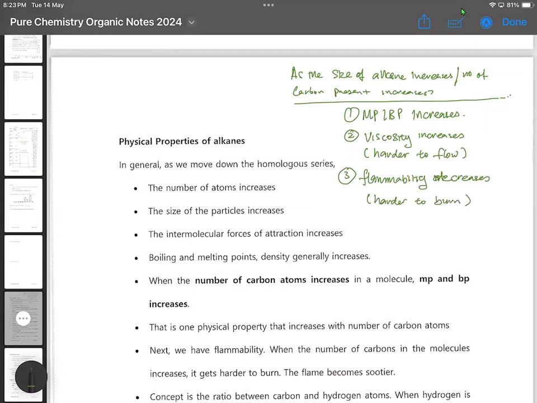Okay, so this is in a nutshell the general trends of your organic compounds: as the molecule gets larger, with more carbon atoms, melting and boiling points rise, they become harder to flow, and they become harder to burn also. Give 30 seconds, please jot this down.